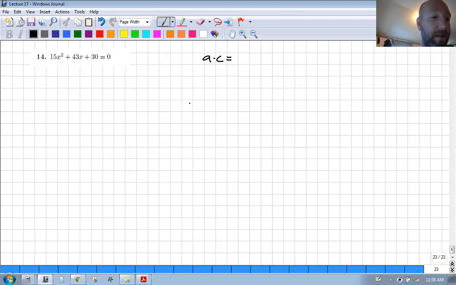A times C, 30 times 15, is 450. B here is 43. So we need two numbers that multiply to give us 450, but add to be 43.